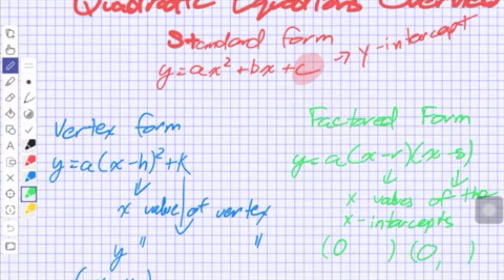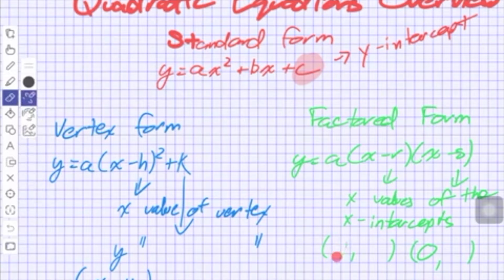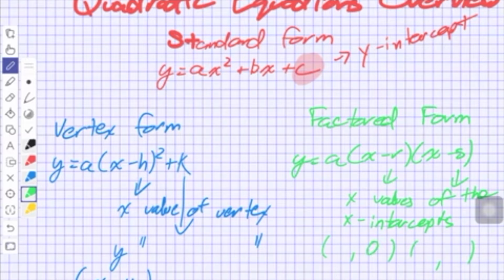The y value is, oh, sorry, that's not the y value, that's the x value. Y's are always on the second one written. This will always be 0, okay? And this will be r or s, or sometimes they'll write it like this, x1, comma 0, and x2, because there's usually 2 x-intercepts. Not always. In fact, you can have none. But these are just like quick notes on what's good about these forms and why we use these different forms.